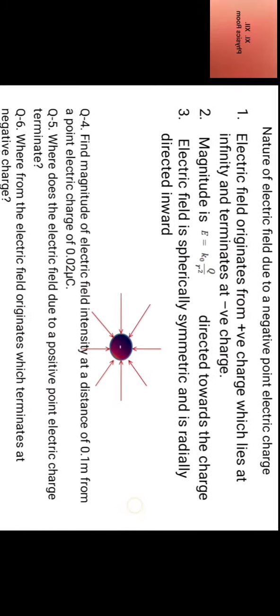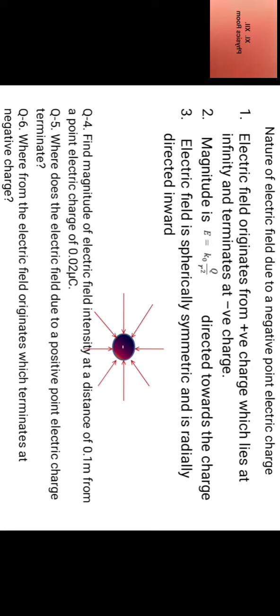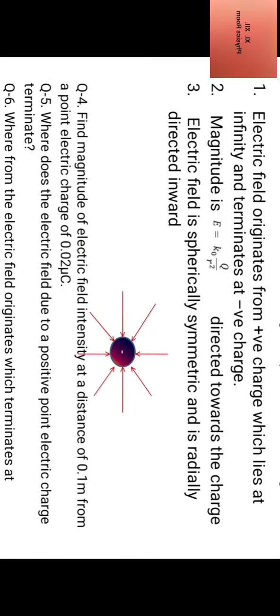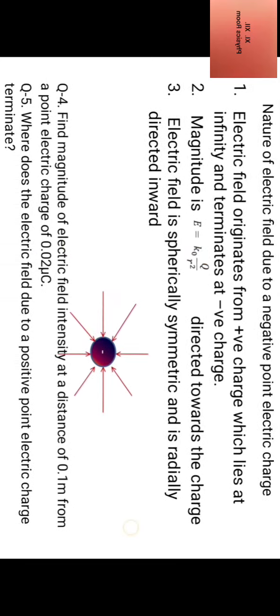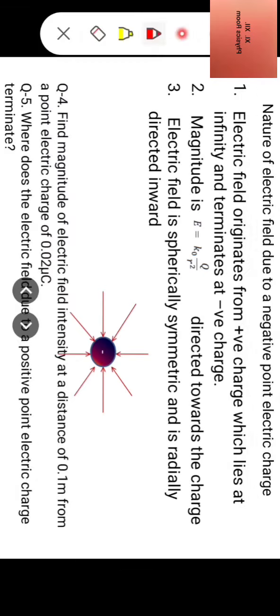Now we come to the nature of electric field due to a negative point electric charge. Again, similar 3 points. First, the electric field originates from positive charge which lies at infinity and terminates at the negative charge itself. Here you see the field lines coming from infinity and terminating at the negative point electric charge.